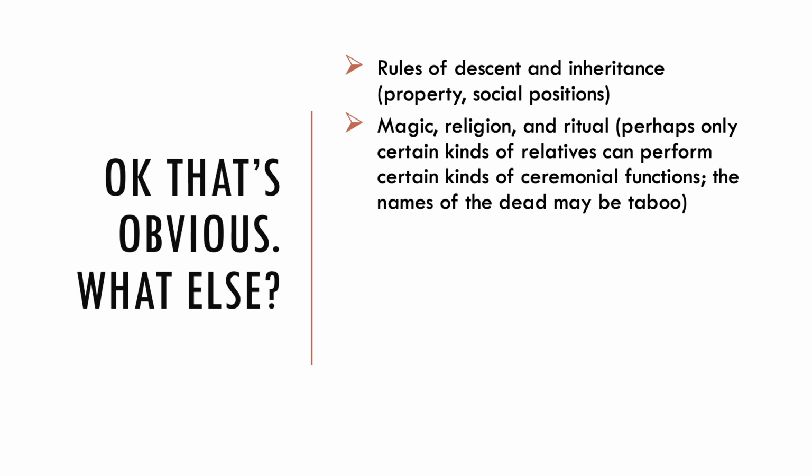Or you might find out that the names of the dead may be taboo and nobody will tell you the names of dead people so that you can put them on your chart. Alternately, if you come from a tradition like mine where you're supposed to name your children in honor of dead relatives, but only dead relatives, it's bad luck if you name your child after a living relative, then you might be able to see who children are being named for and maybe which relatives are being honored.